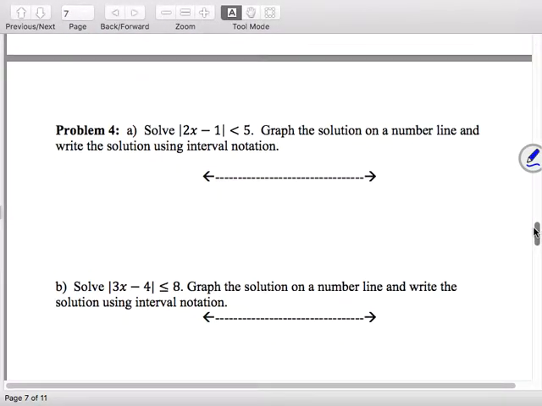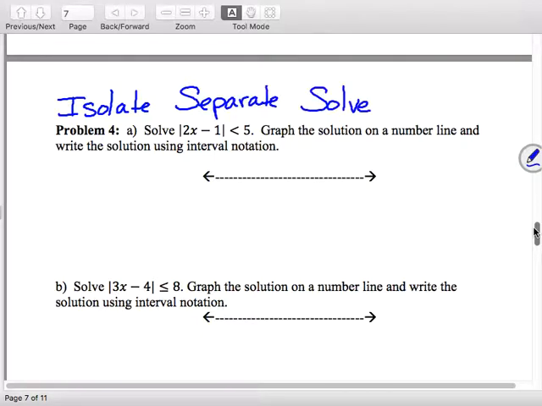But what I want you to do is above problem 4, I want you to write isolate, separate, and solve. And we do that with absolute value equations, and we do it with absolute value inequalities. You always have to isolate or get it by itself.